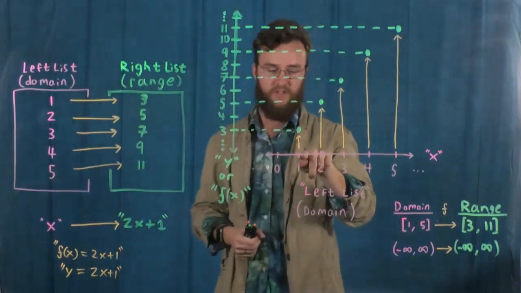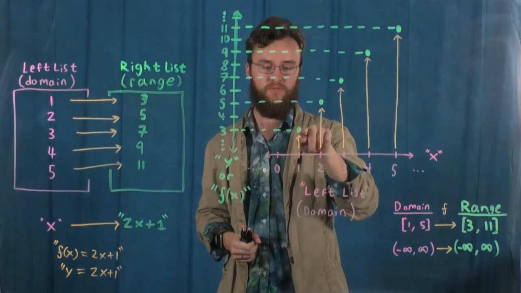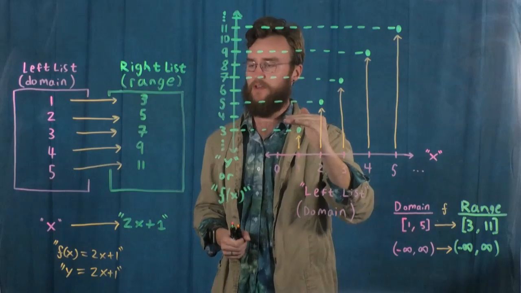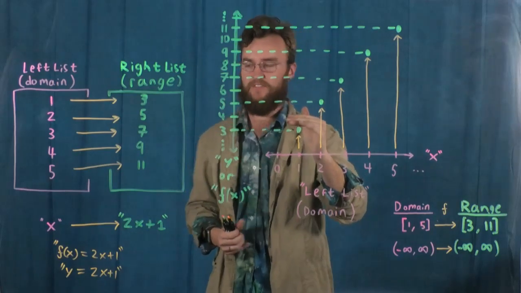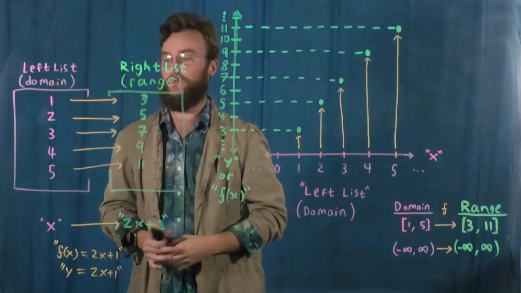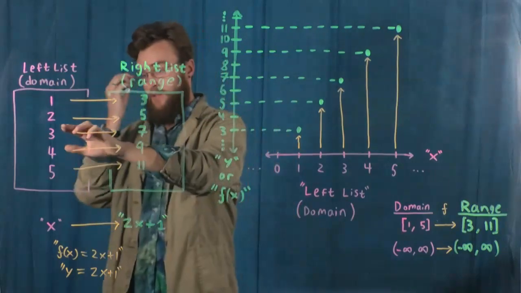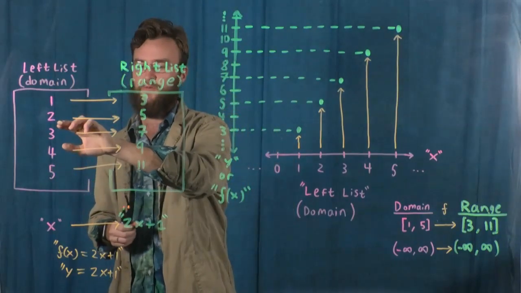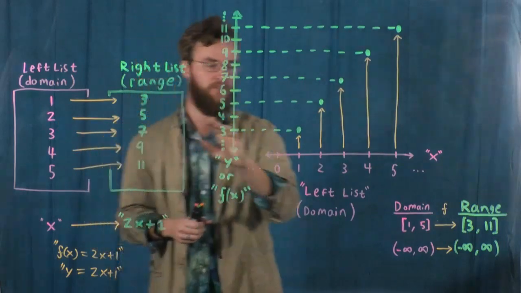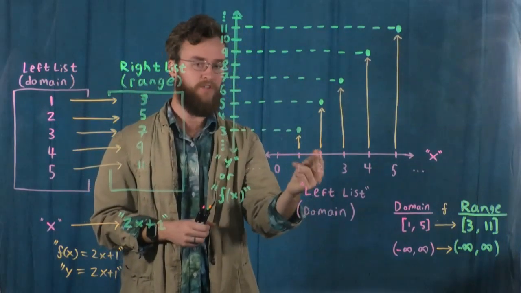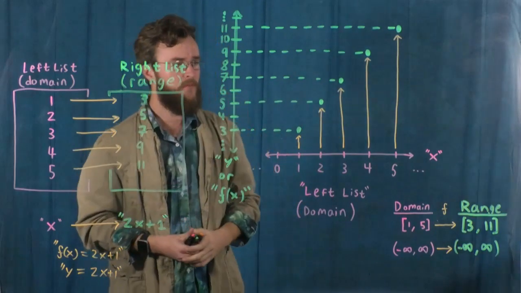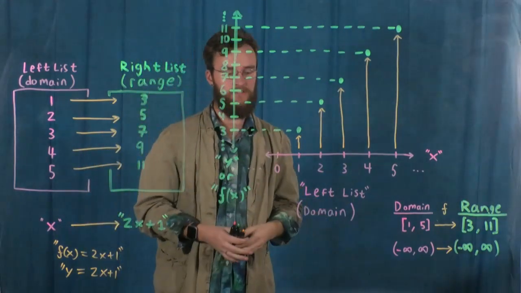Now you take the numbers in your inputs and you move them up to the height of the number that they are sent to by your transformation. So for instance, in this transformation or function, whichever you want to call it, 2 is sent to 5. So on this visualization, the number 2, we're going to send it up to the height of 5. And this is what graphing is, essentially.